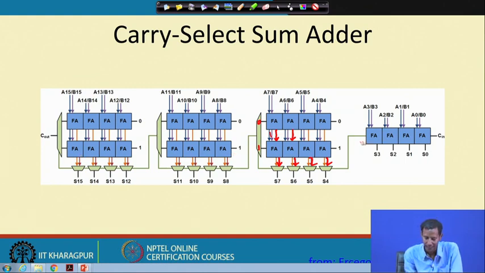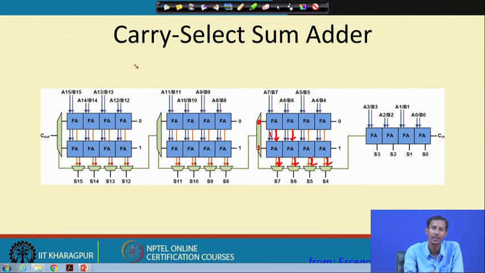So, what is the problem here? The problem is that we are increasing the speed, or decreasing the critical path of the ripple carry adder's carry chain, by exploiting more hardware, more adders. Here I have just replicated the 4-bit full adder twice.